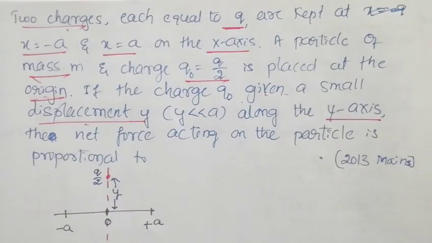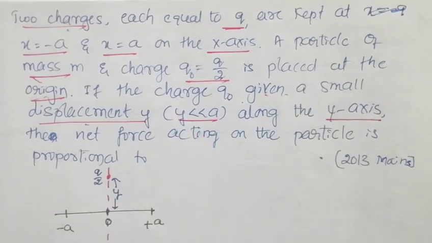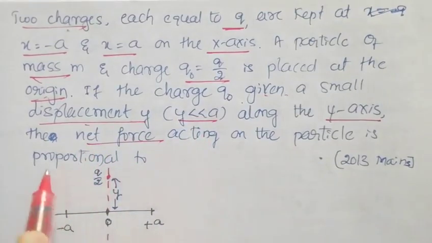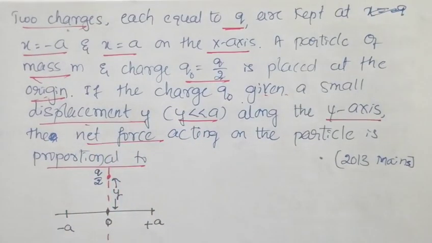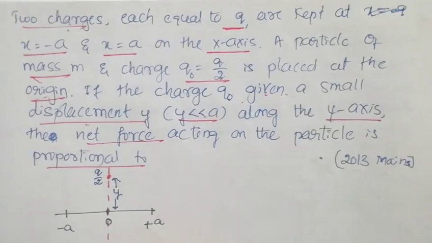The assumption given here is y is very small as compared to a. Then the net force acting on the particle is proportional to what? We need to see what the net force acting on the particle is proportional to. Now look at the question. Since we give a small displacement along the y direction, we need to see the force acting.